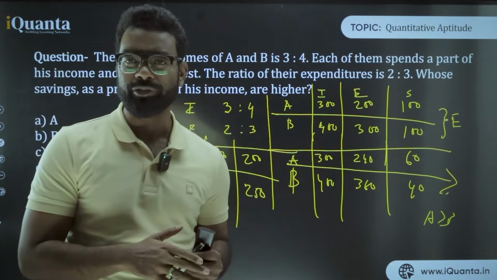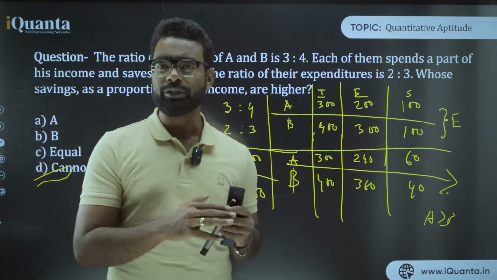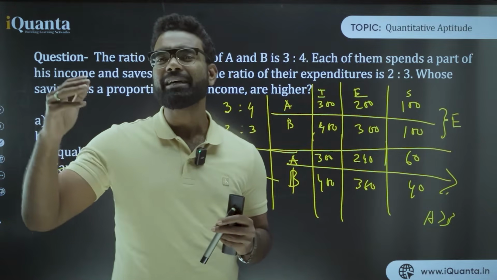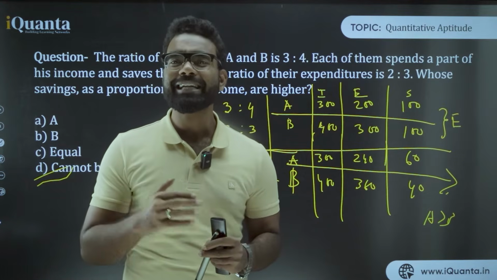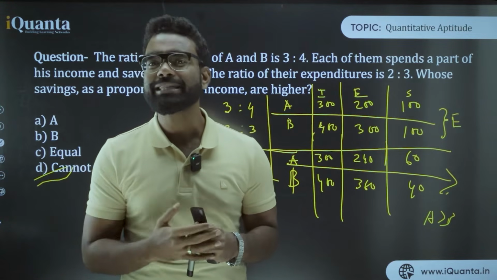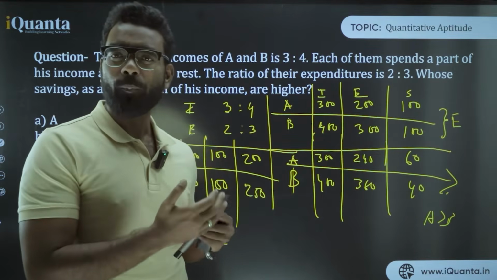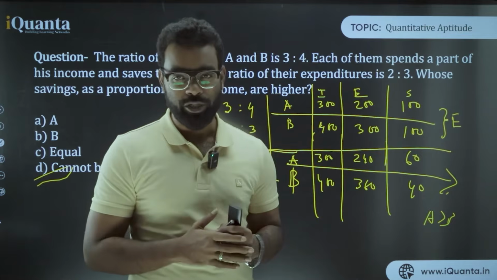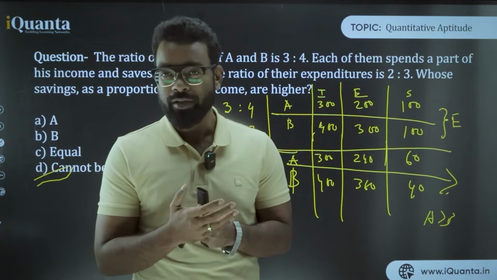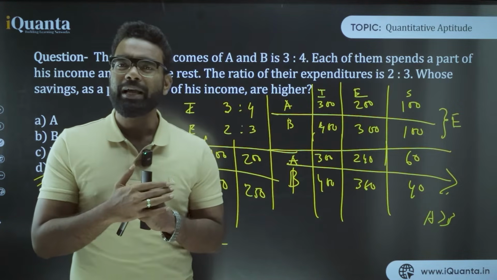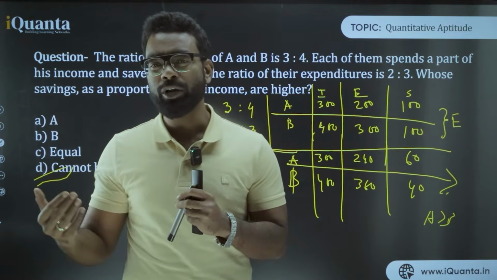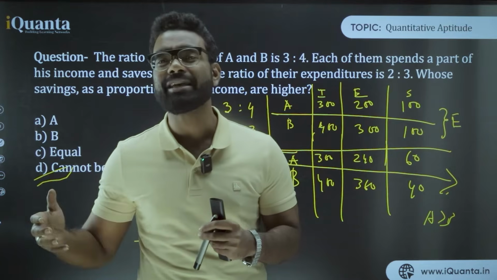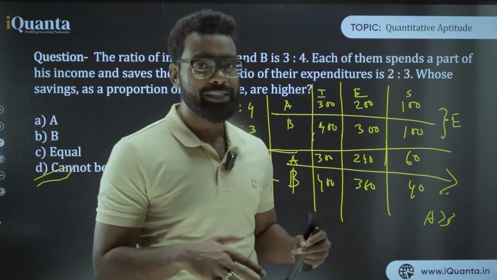But if it is just the opposite, say A's income is less but expense is more, and B's income is more but expense is less, in that case we can surely say B will save more. But in this case, we cannot say it for sure.